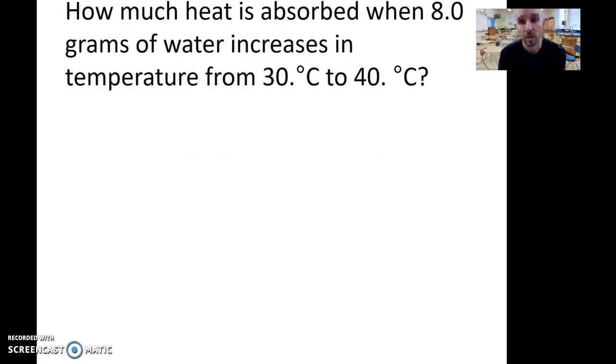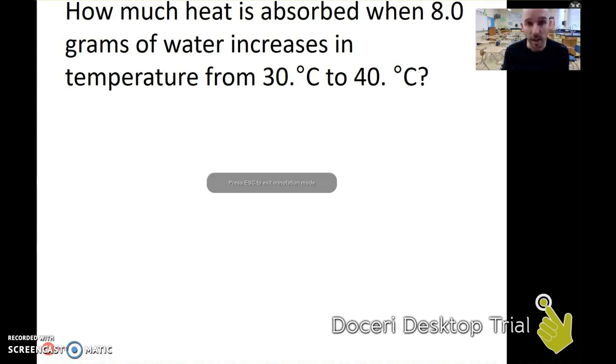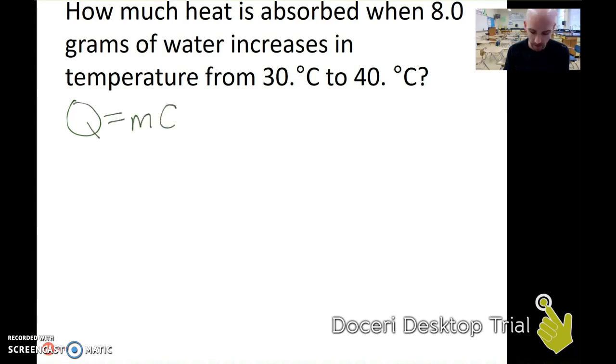All right, now we'll just practice with that equation and some sample problems. It's helpful when you're thinking about these questions to have the equation written down. So if I just go ahead and write this equation that I'll be using today, Q equals mc delta T, that's going to help me keep up with all of these variables.